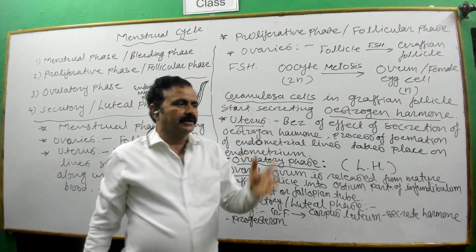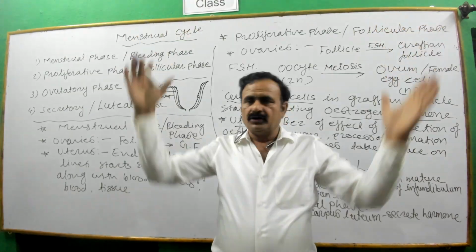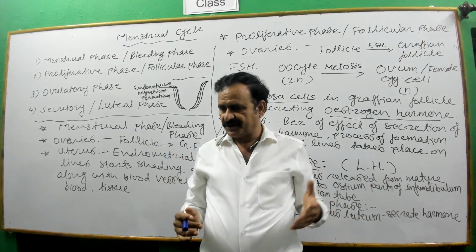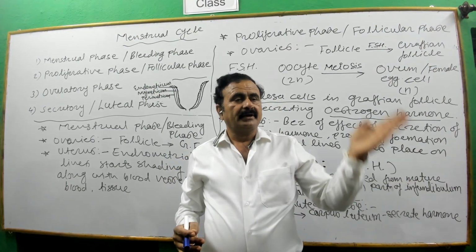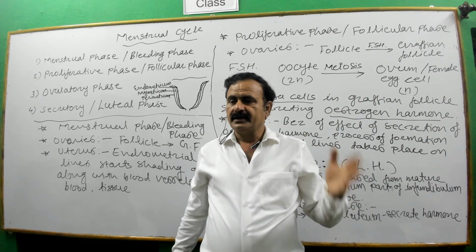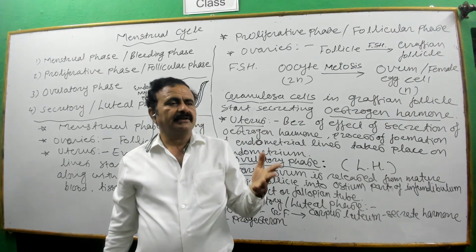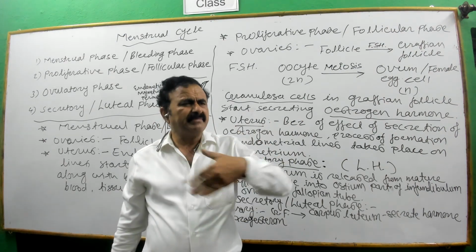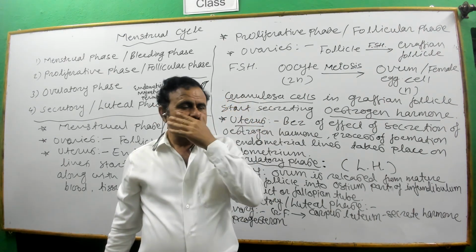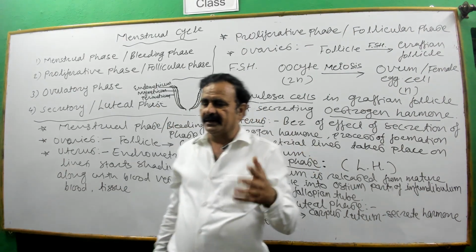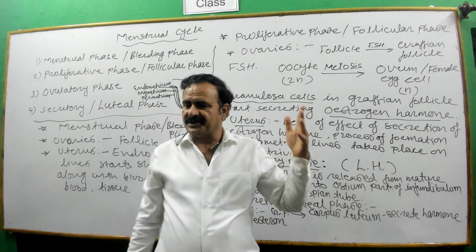And finally that endometrium part of the female reproductive system now becomes ready for the implantation of the embryo and for the nourishment of that embryo. It becomes ready. Clear?